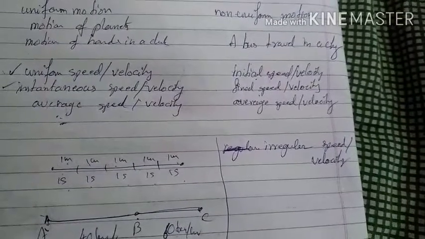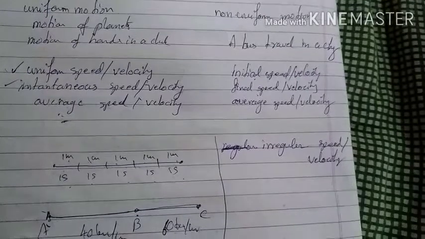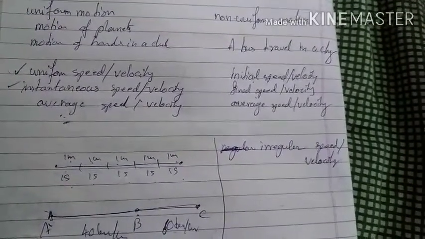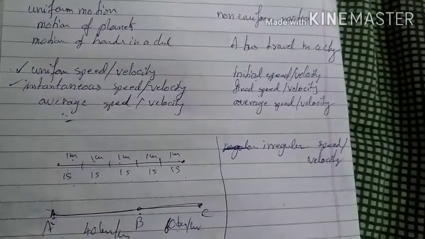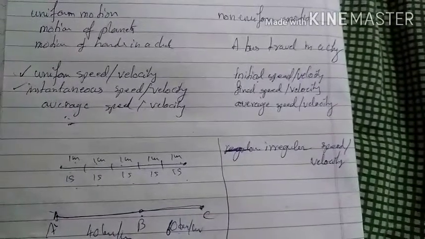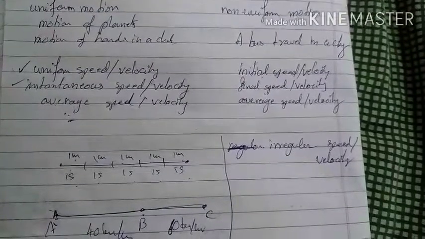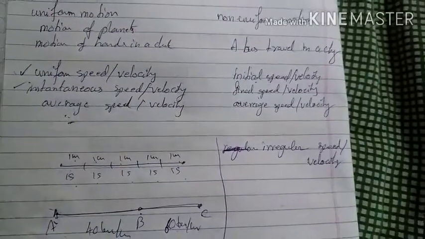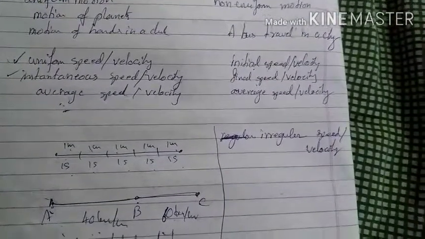Speed rises and falls randomly and irregularly. It moves with 30 kilometers per hour, in the immediate second it goes to 50, and the next second it can fall back to 20, without maintaining a regular order of speed or velocity. This is irregular speed or velocity.